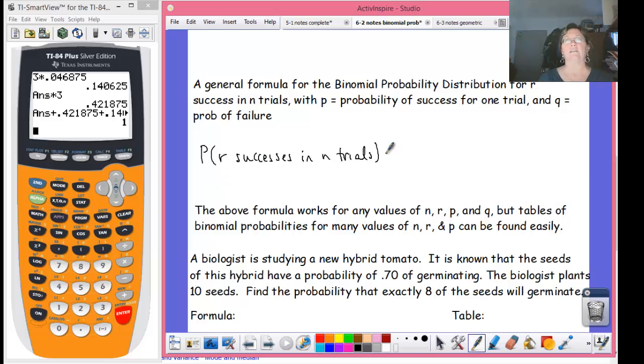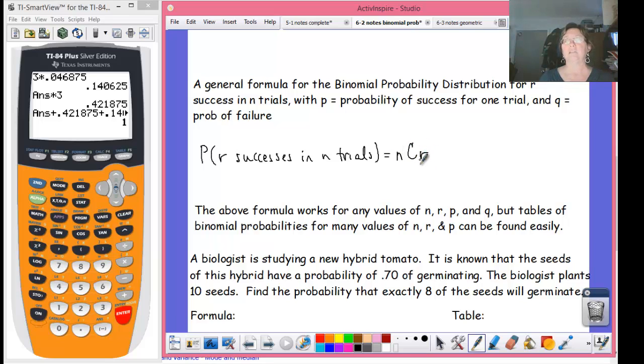R successes in N trials is equal to, and we mentioned previously, that we had looked at all the combinations of places where we could have 2 right answers, all the combinations where we could have 1 right answer. Folks, the combinations are a part of this. So it is n items chosen r ways.